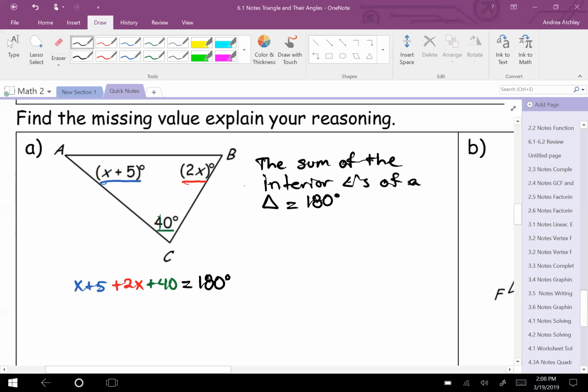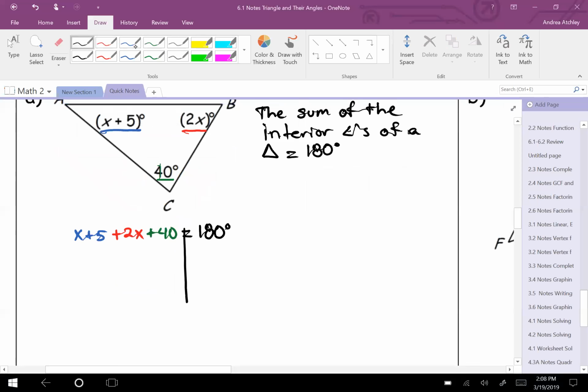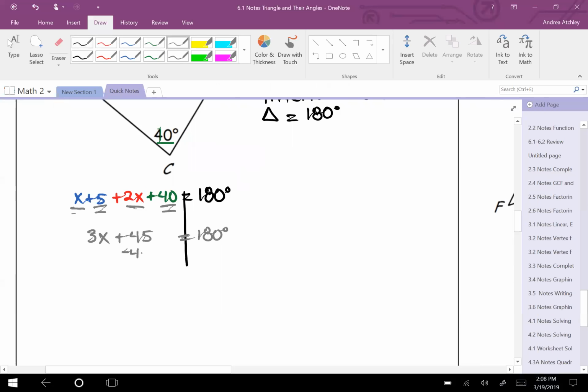Okay, so now we're just going to solve that equation. I'm going to combine my like terms. So x and 2x is 3x's. 5 and 40 is 45. And it equals 180 degrees. Okay, then we subtract the 45 from both sides.